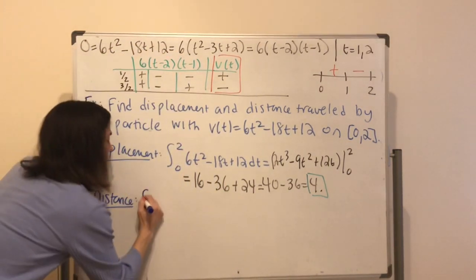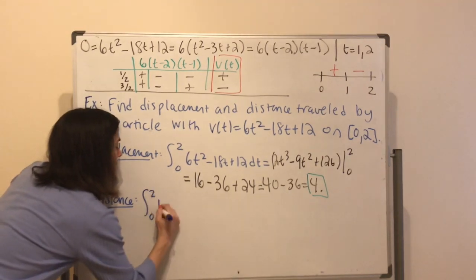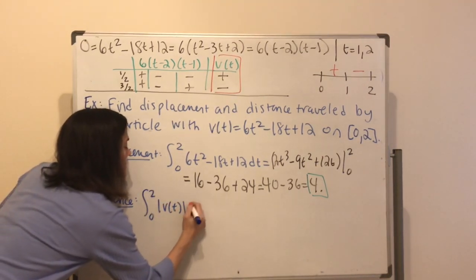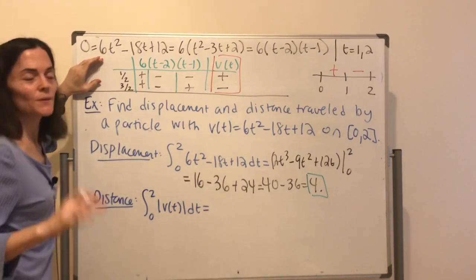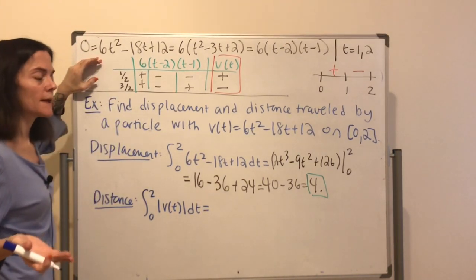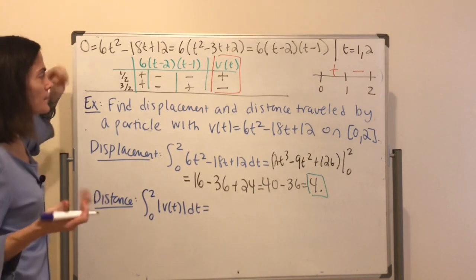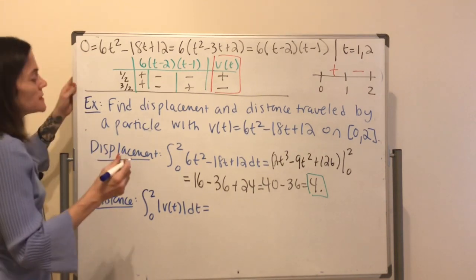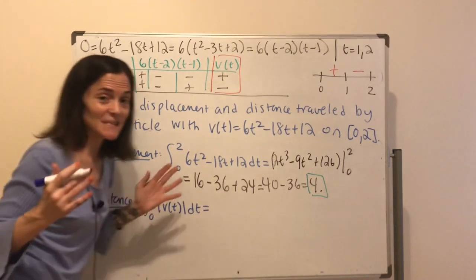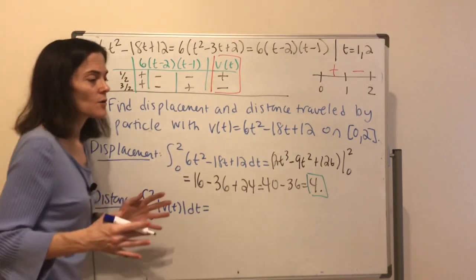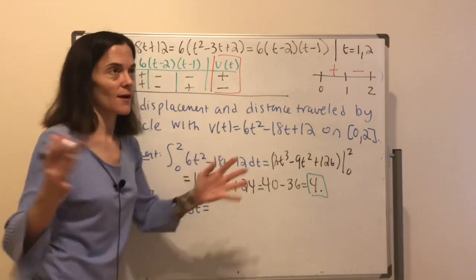What I want is to integrate 0 to 2 absolute value of v of t dt, right? And this works, as I mentioned, like you did in Calc 1 to figure out increasing, decreasing, but I need to break this into a sum because when the velocity is positive, the absolute value of a positive number is itself, right?